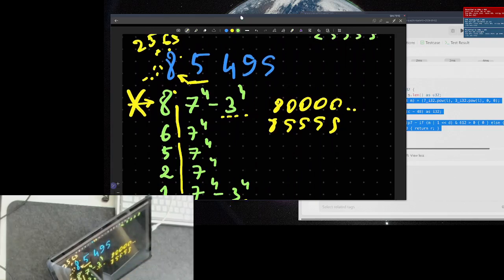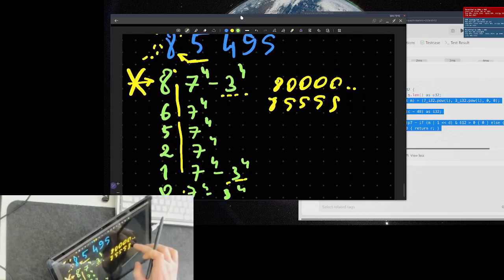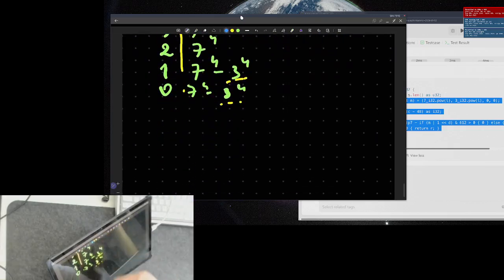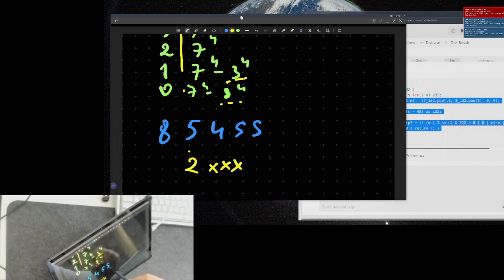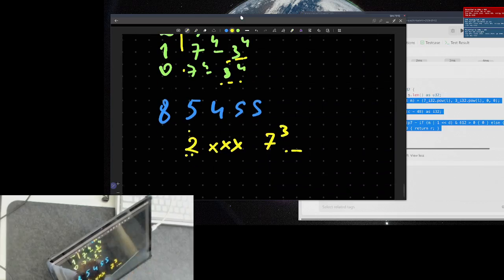So now the 5 gives us 5, 4, 9, 9. This was 8. For the 5 we go 4 is forbidden, 3 is forbidden, 2xxx, it is 7 to the power of 3, and we don't subtract because 2 is a mirror accepted.